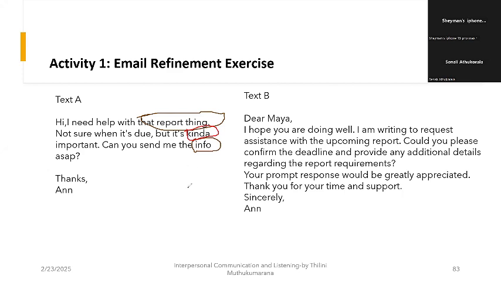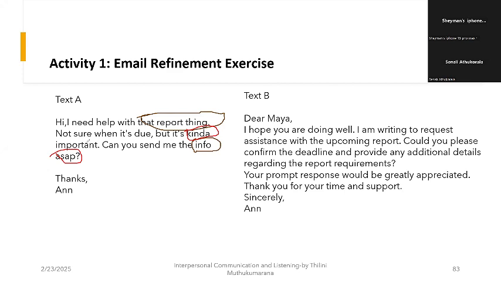We use this in very casual talks. And also as soon as possible, ASAP. These are very informal tone, right? The terms such as kind of and ASAP create a very casual, non-professional impression. And also, we are not clear what the request is about. The purpose of this email is the deadline and the report, but it's not clear. He is also not sure.